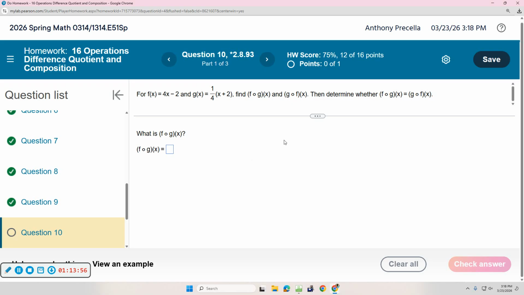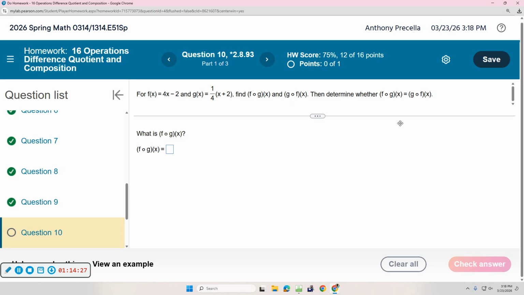But they ask us something else here. Then determine whether f composed with g of x equals g composed with f of x. Under normal circumstances, what would that answer be? No, they normally don't. So, why are they asking us this? The mere fact that they're asking that makes me think maybe this is going to be one of those rare cases where they are equal. Let's see. Let me write down the problem.